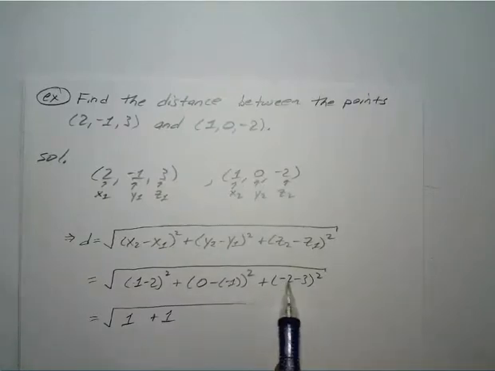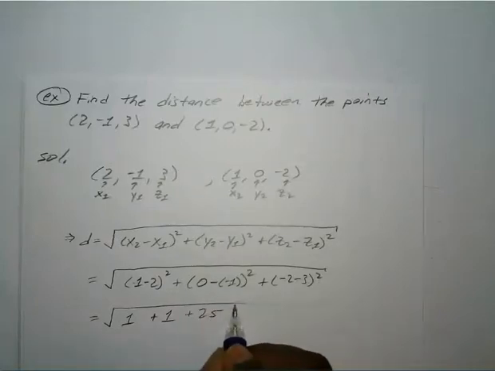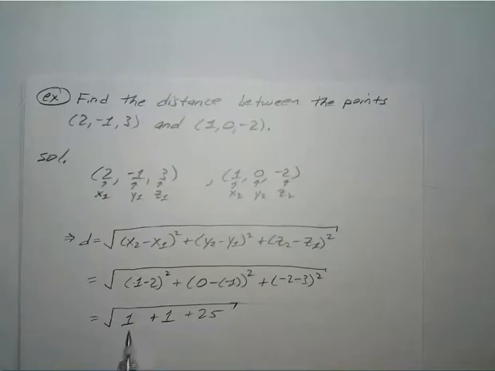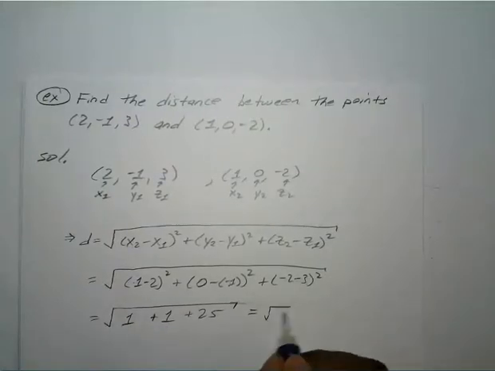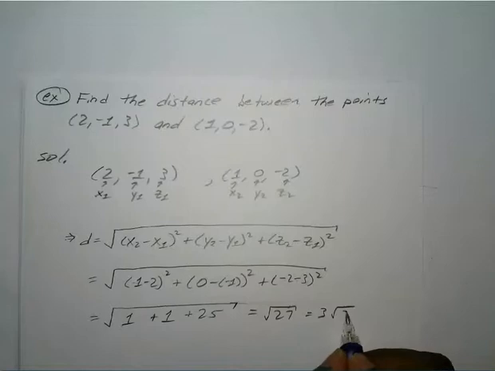And -2 minus 3 is -5, and -5 squared is +25. So we have 1 plus 1 plus 25, so we have the square root of 27, which simplifies to 3 square root of 3.